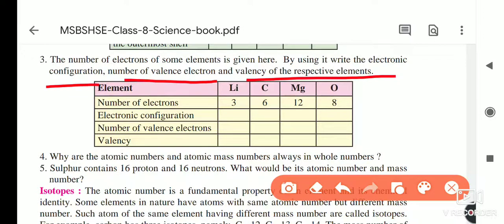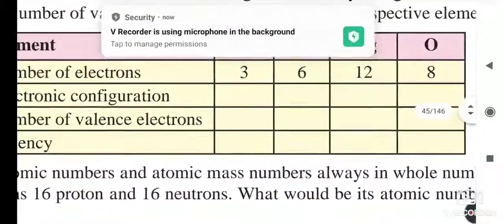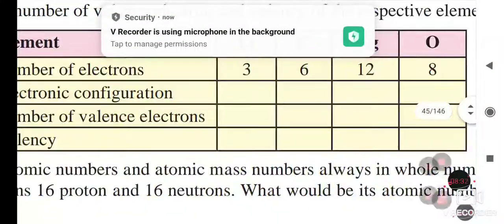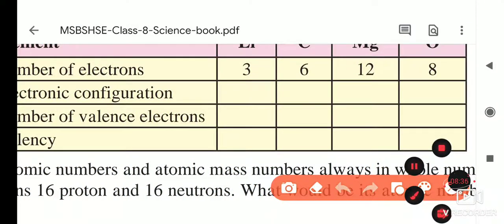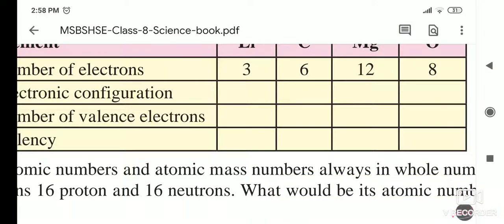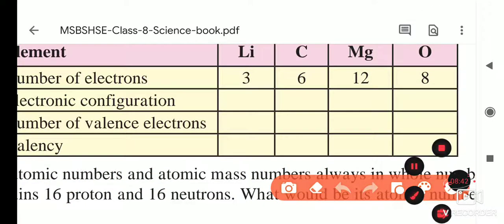So first of all, we will write the electronic configuration. Okay, so first of all, which element is here? Lithium. Lithium's atomic number is how much? 3. So in the first orbit 2 electrons will enter, yes, its capacity is 2 only, I told you.